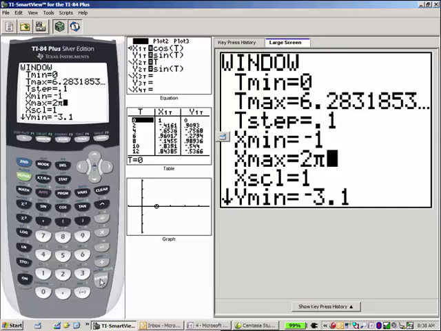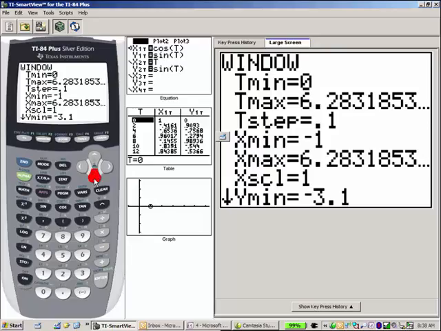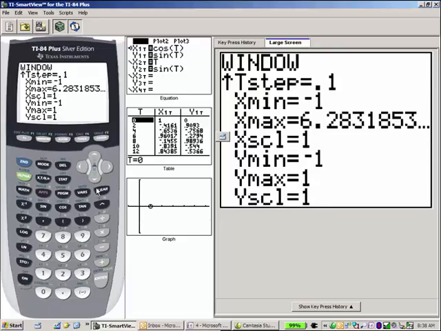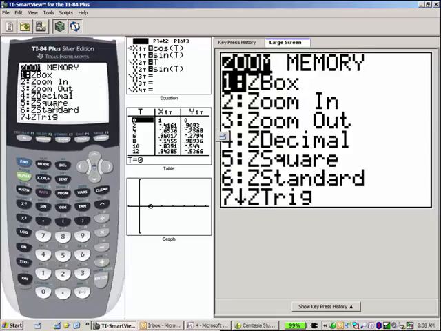My y min, I'm going to make -1, and my y max, I'm going to make +1. Before I do anything, because it might look a little weird, I'm going to go to zoom square, which is 5. Zoom square makes circles look like circles.